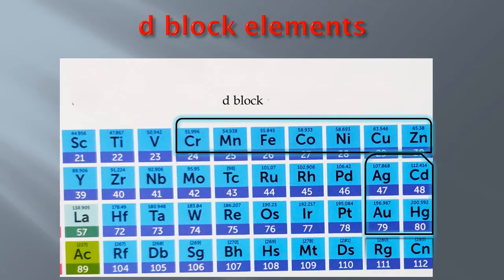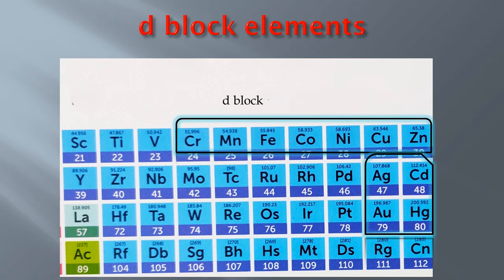D block elements. So here we are not going to look into the group. If you just see those elements which are underlined, that is enough for the students of 8 to 10. Chromium, manganese, iron, cobalt, nickel, copper, down below, silver, gold, you must learn in the same order, zinc, cadmium and mercury.